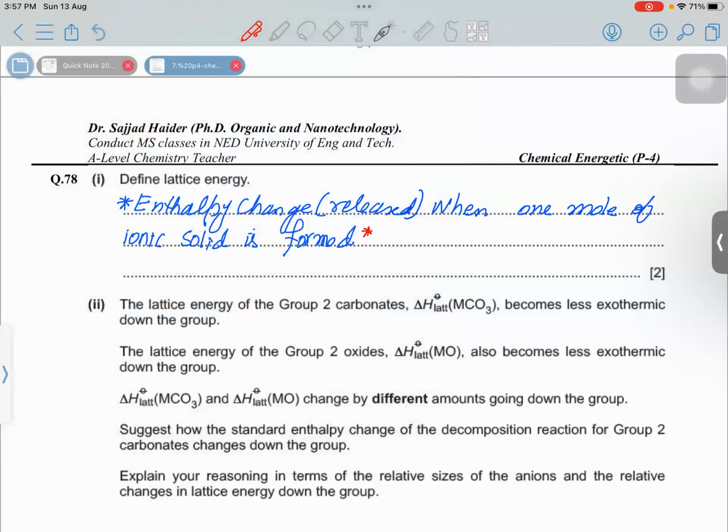For second mark, from gaseous ions. For example, Na positive gas plus Cl negative gas, NaCl solid is formed.